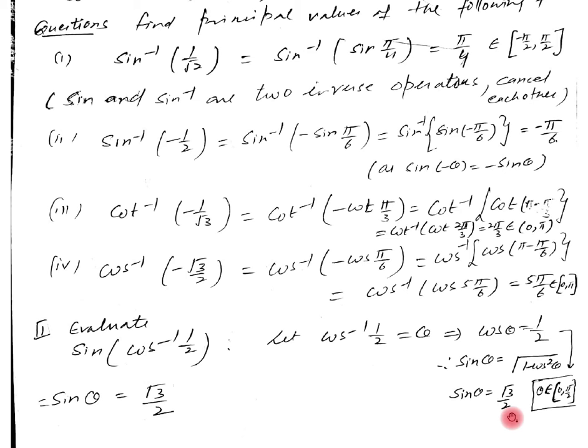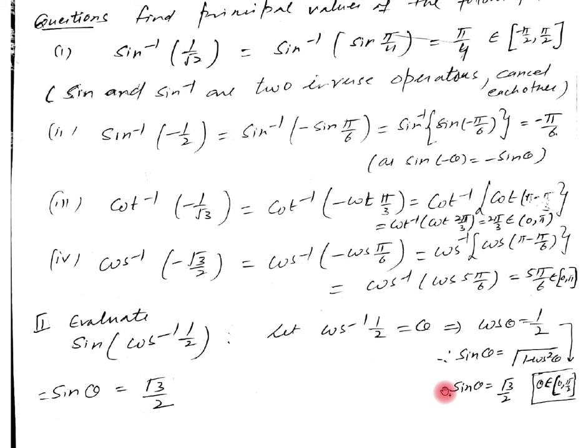So, putting this value, sin theta equals root 3 by 2. See the question again. In all inverse trigonometric function problems, you should take care: here is sine, so here should be sine; here is cos, so here will be cos.